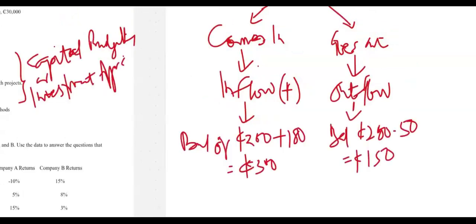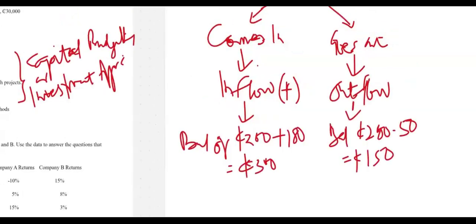Now, an outflow is negative, meaning that whenever there is a cash outflow, that figure which is going out is negative, like the 50. So it will reduce our balance and our income. Inflows would increase our income.